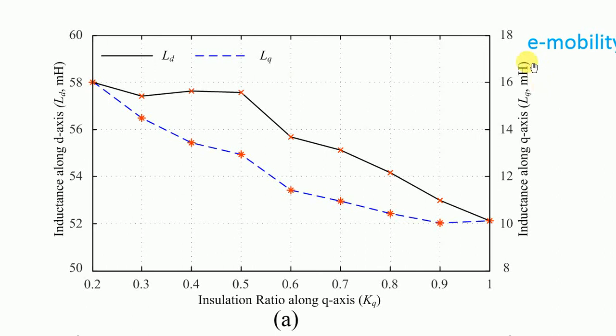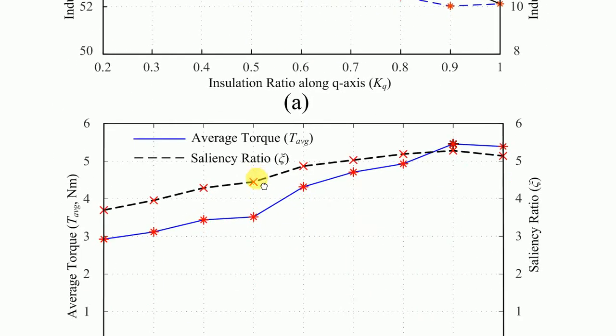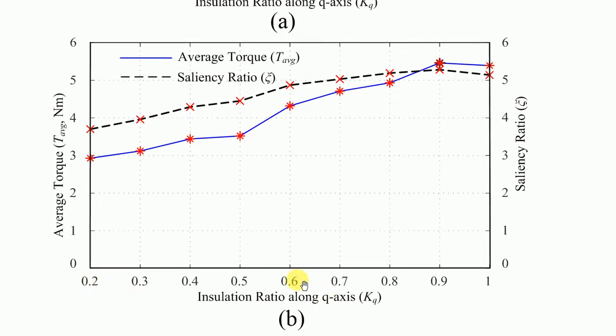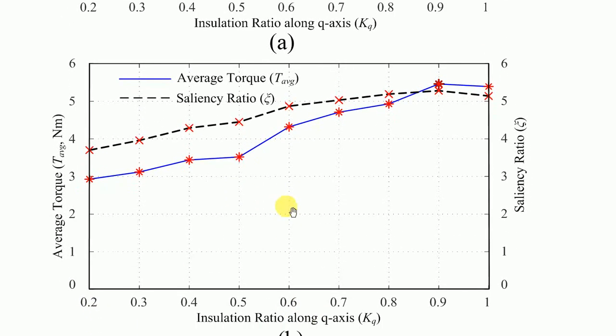But coming to this axis, LQ decreases by a huge value. Starting from 16 millihenry, it reaches about 10 millihenry. Because LQ decreases, we have a torque increase. Why does it happen? Because we introduced more air in the structure.